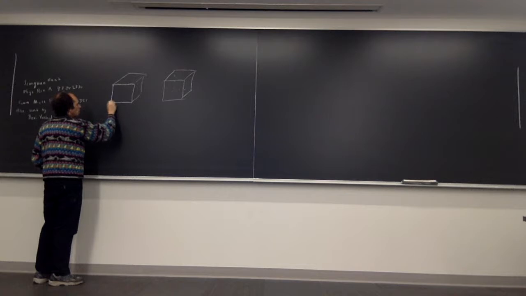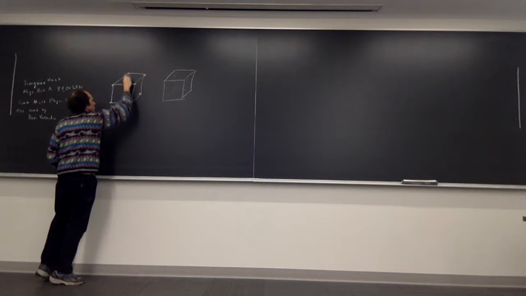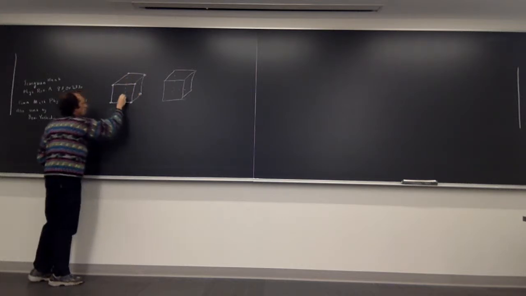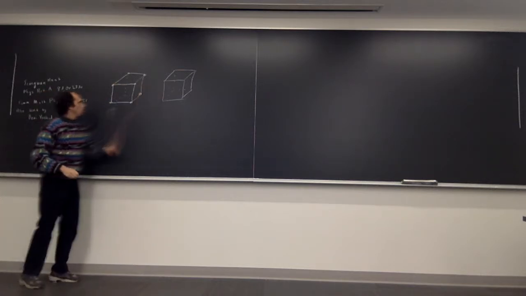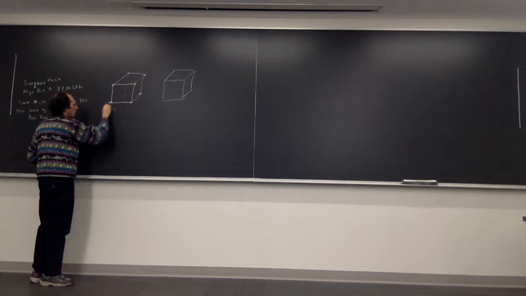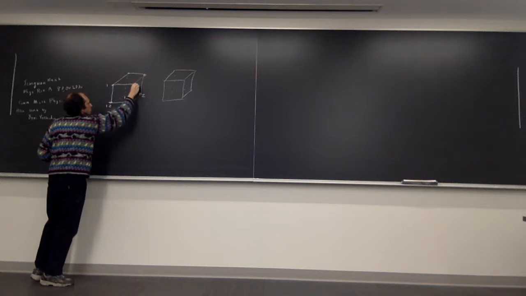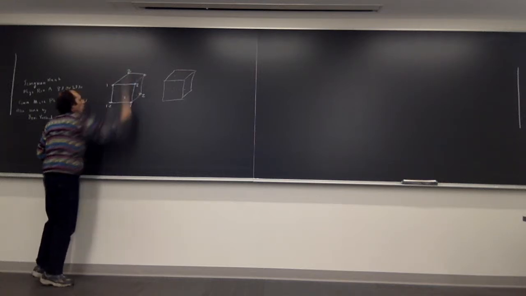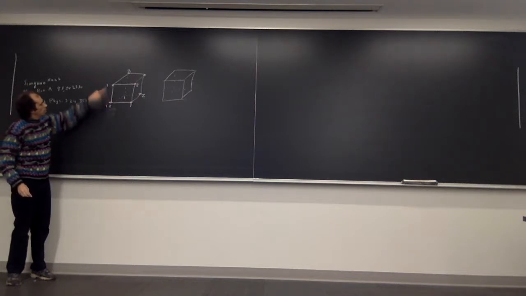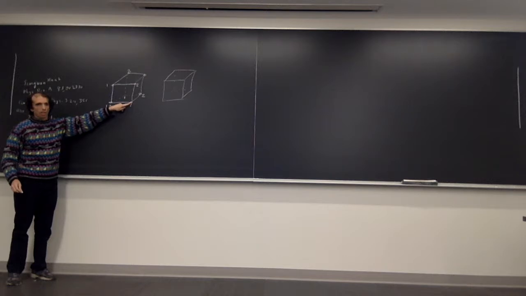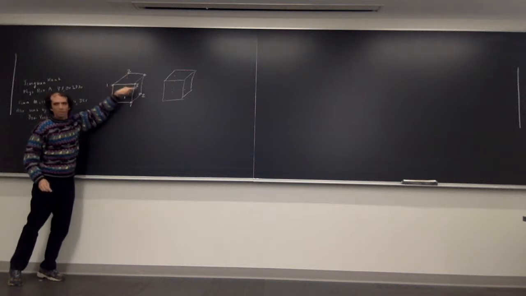So what is the interaction? There are two terms for each cube, and each term is a product of either sigma x's at the corners of the cube or sigma z's at the corners of the cube. So for the first term, you take the first qubit at these three corners and multiply the sigma x's together, and the second qubit at these four corners and multiply them together.